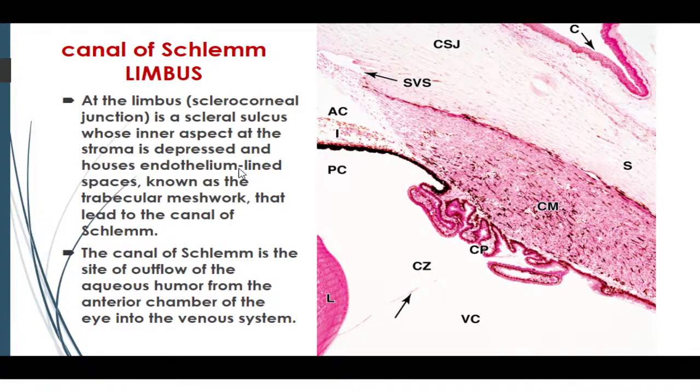And now it is understandable that the canal of Schlemm has a very important role during the aging of humans, at the time of arteriosclerotic changes. As maybe you know, there are some diseases like cataract.